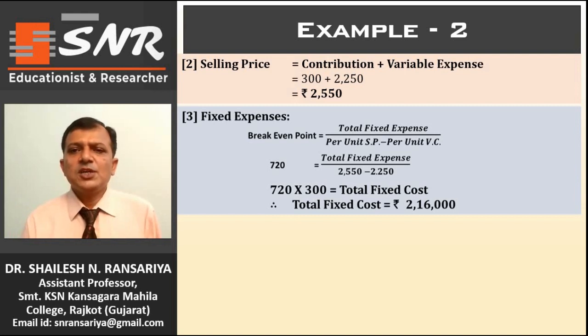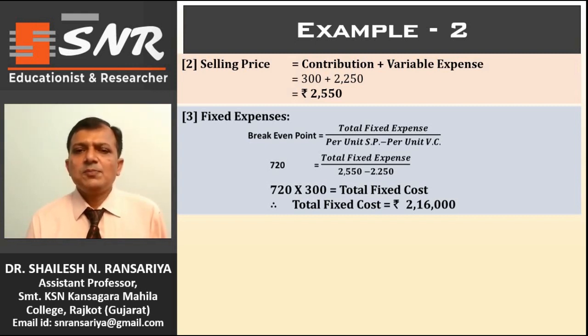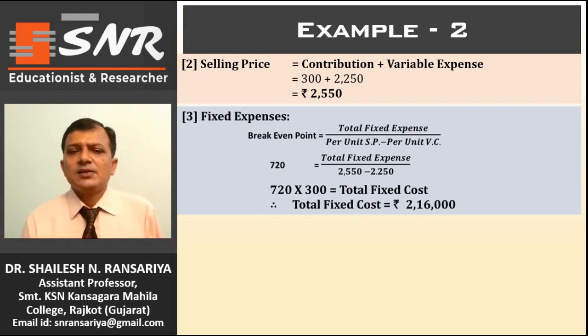The formula for BEP is total fixed expense divided by S minus V. BEP 720, total fixed expense is not given, so as it is, divided by selling price 2550 less 2250. So 720 multiplied by 300 is equal to total fixed cost. So the amount of total fixed cost is rupees 2,16,000.